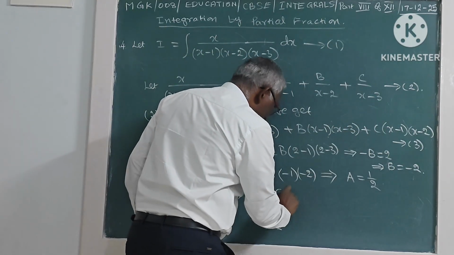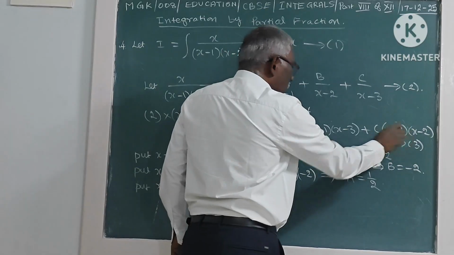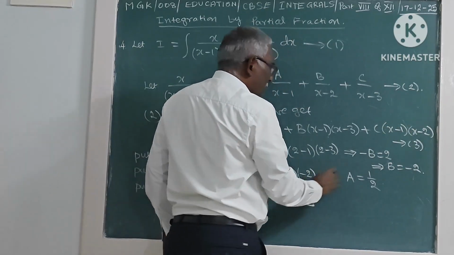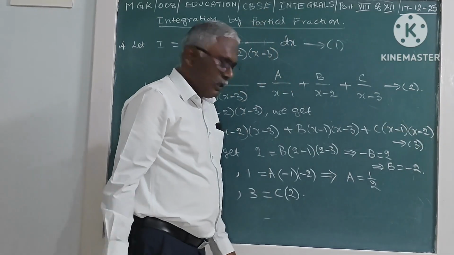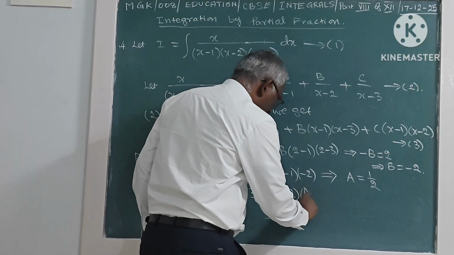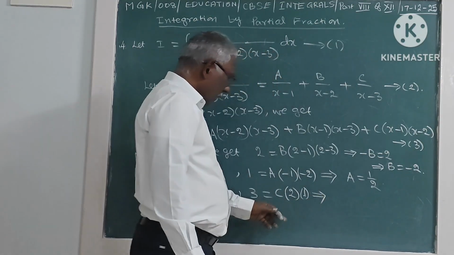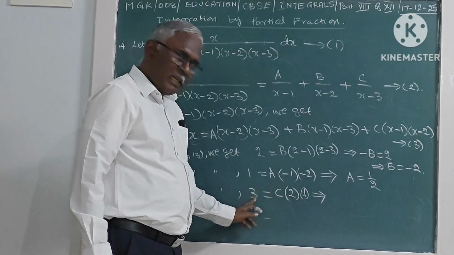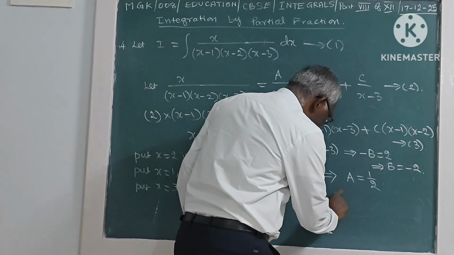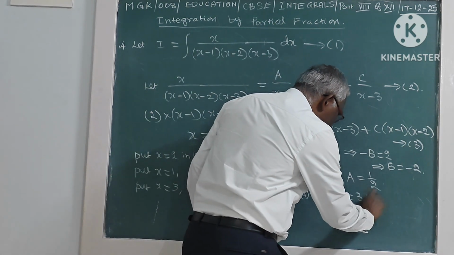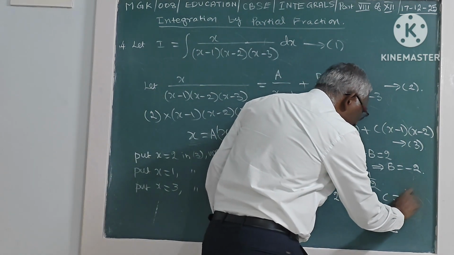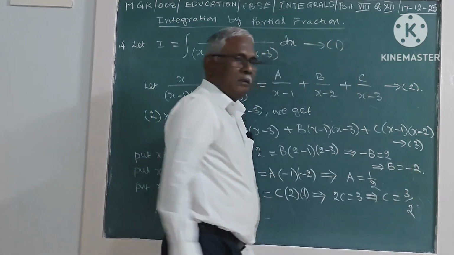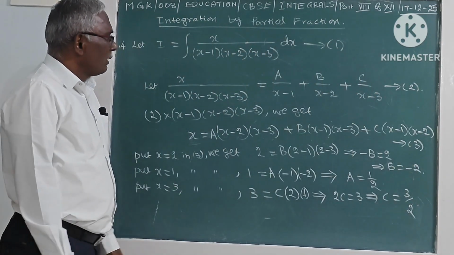So c into 3 minus 1, 2 into 3 minus 2, 1. So this gives 2c is 3, or c is equal to 3 by 2. C is 3 by 2.